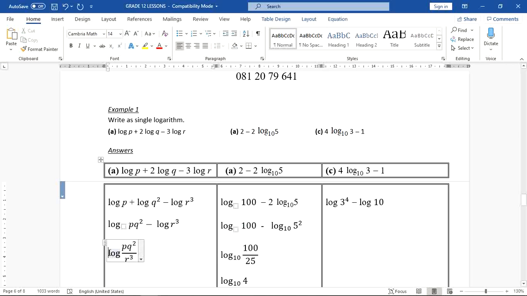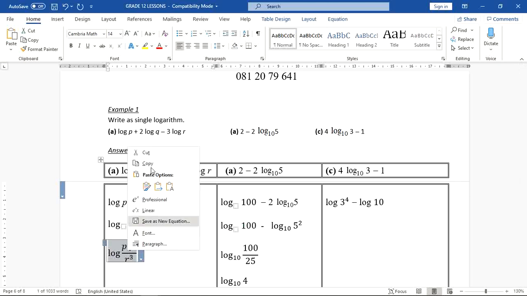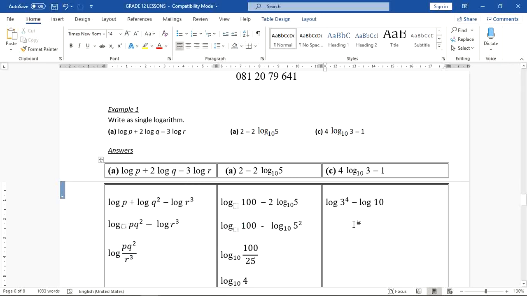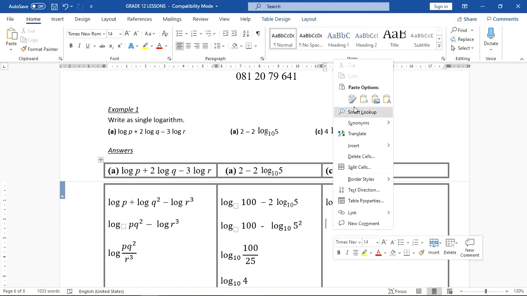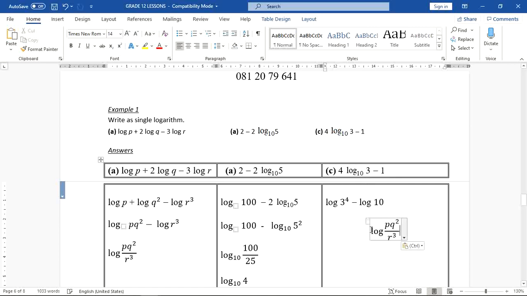If you can allow me to copy this, I'd like to make use of this one. So this is just 81. Where is 81 coming from? 3 exponent 4 is 3 by 3 by 3 by 3, which is 81. Then divided by 10.